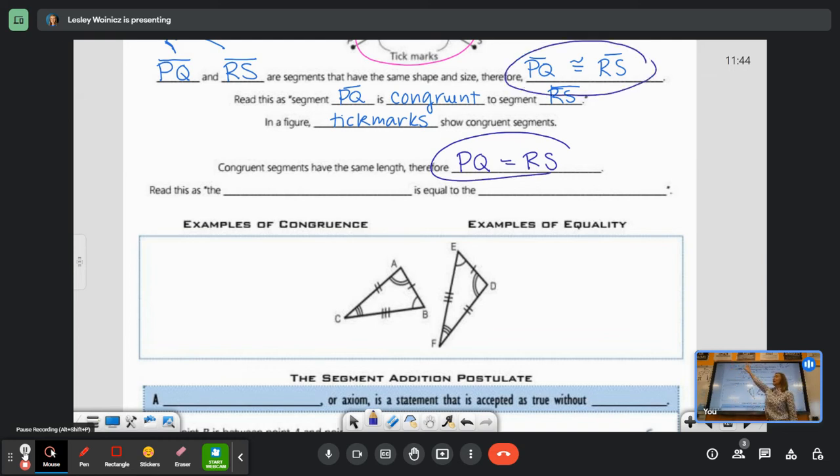This is talking about the segments being congruent and having the same size and shape, the figures. This is talking about their measures being equivalent. So we can read this as the measure of PQ is equal to the measure of RS. Whoops, those actually are segments.